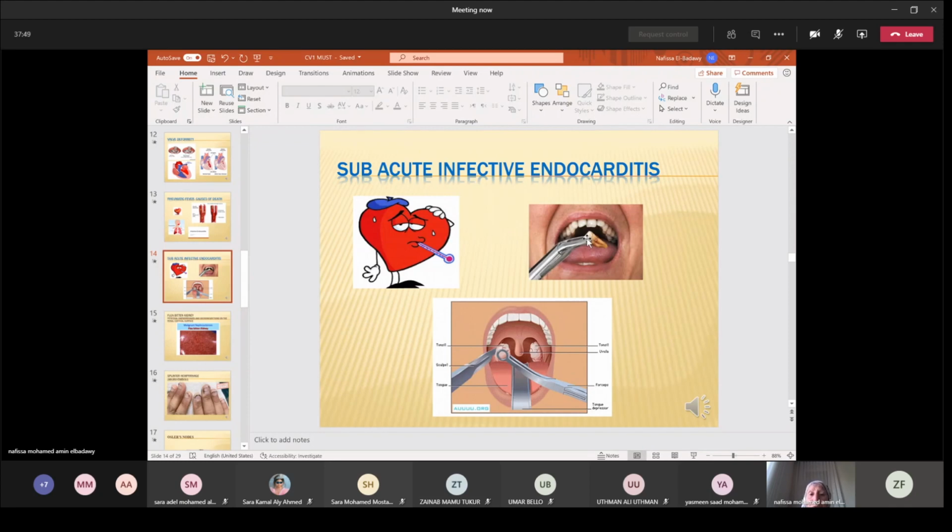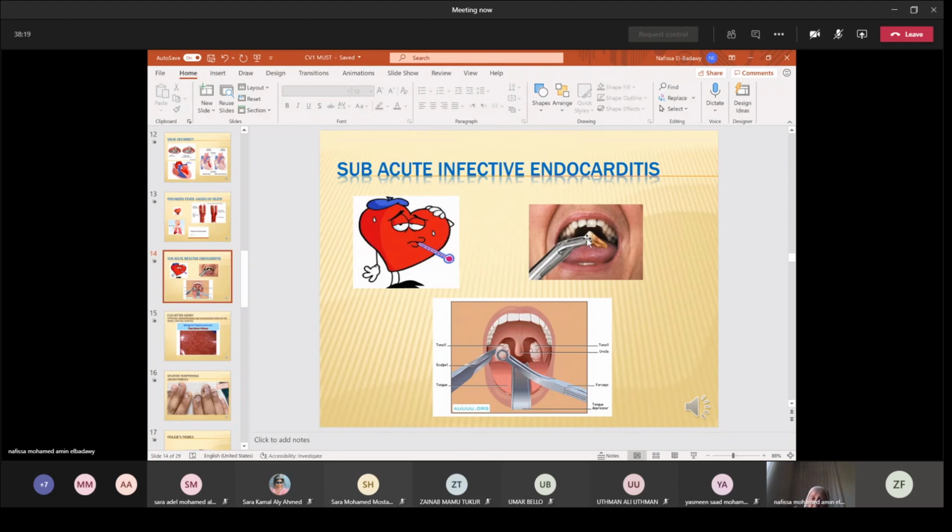In case of acute and subacute bacterial endocarditis, the vegetations are large and they are formed of platelets and fibrin and colonies of bacteria. And the colonies of bacteria present in the vegetations will make the vegetations loose, so they can cause emboli.